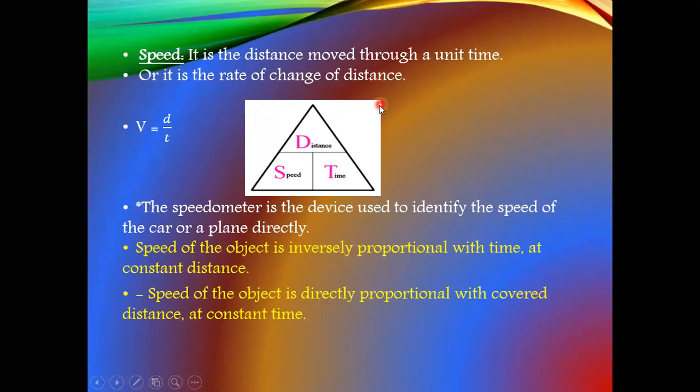From here we found that our rule, or equation, is V equals D over T, or speed equals distance over time. Speed equals distance divided by time. From here I can get the definition. I say speed is what? It is the distance moved through a unit time. The unit time can be a second or an hour, but if I calculate the speed when the time is in seconds, it must be meter per second. Its unit is meter per second. But if I talk about the speed when the unit time is an hour, I must mention kilometer per hour.